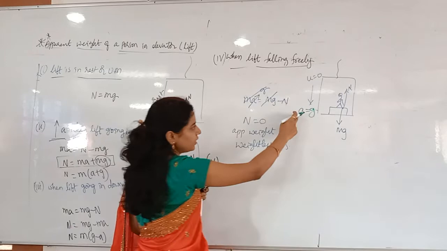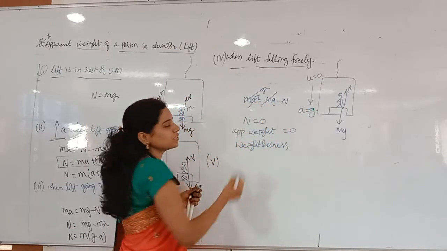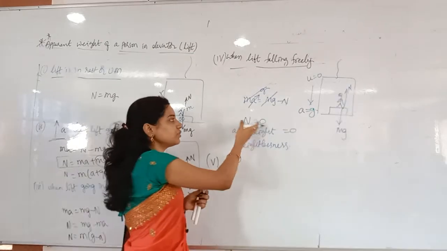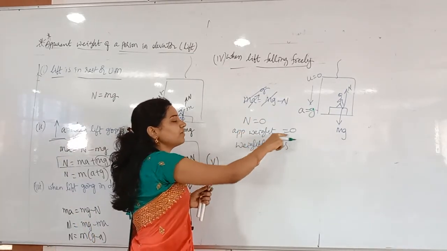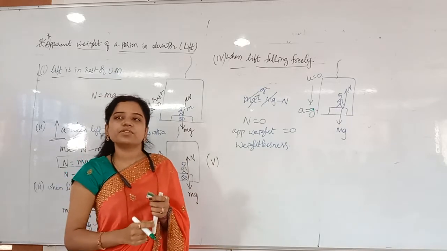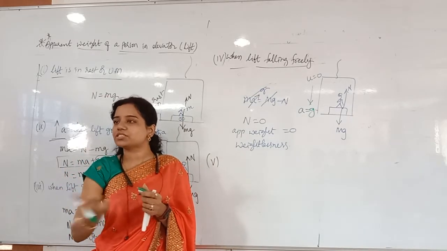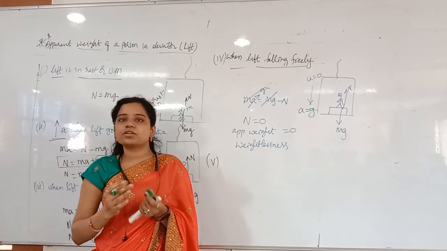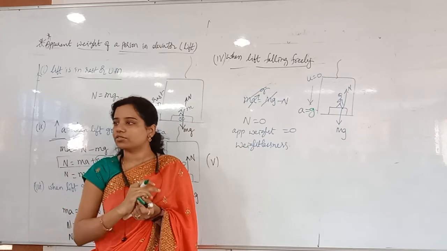So mg is equal to mg minus N. Then N is equal to 0. Whenever N is 0, the apparent weight is 0. The person will feel weightlessness. Not the person, the weighing machine will show weightlessness, because nobody is there on it, so it will show a 0 reading only.